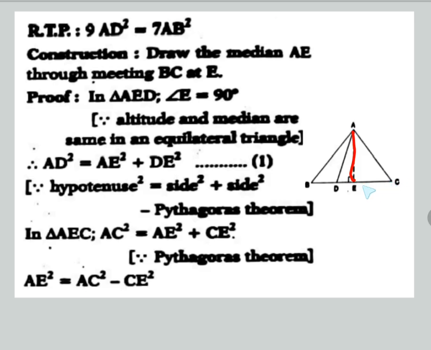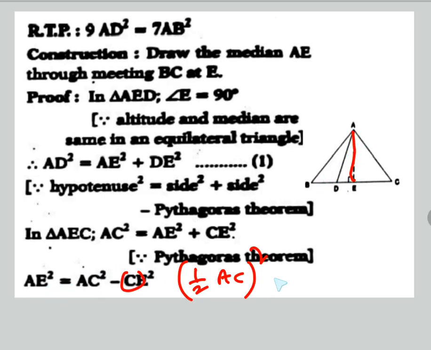CE means half of BC, and also half of AC. So we can write this CE is 1 by 2 AC whole square. Half of AC whole square. AC square minus half of AC whole square, that is AE square. Also AC, BC, AB are all equal.